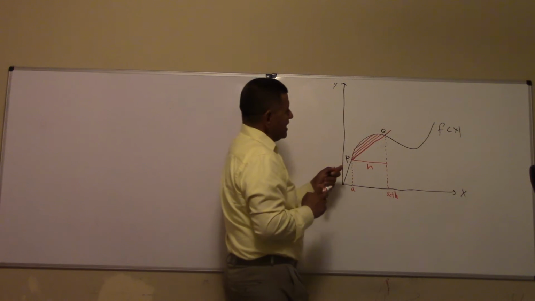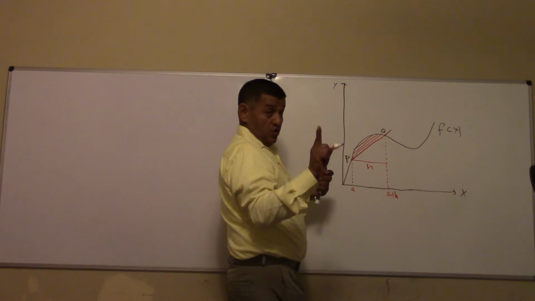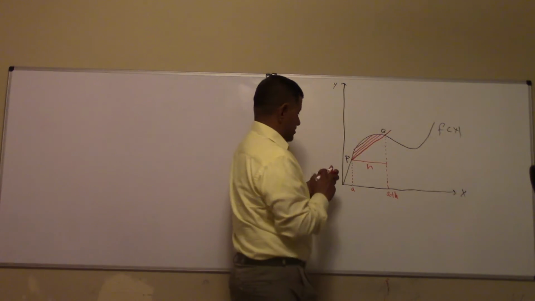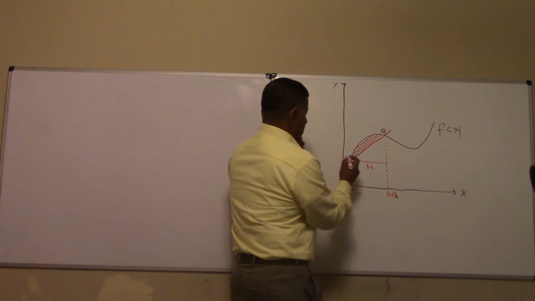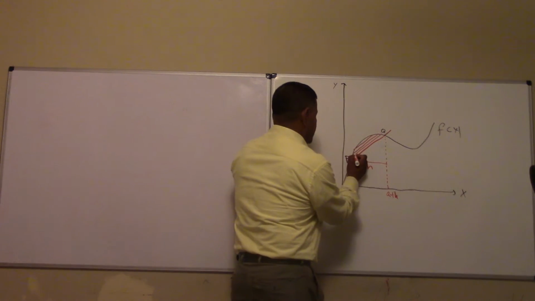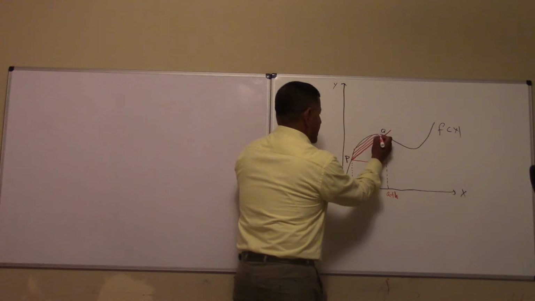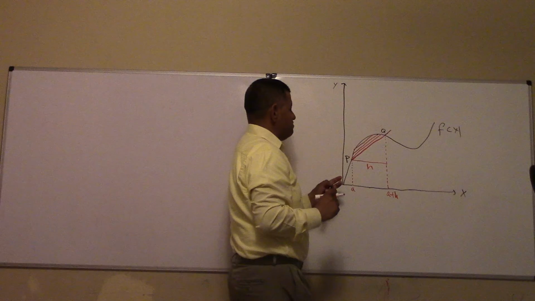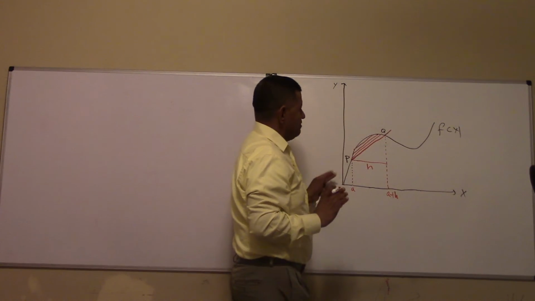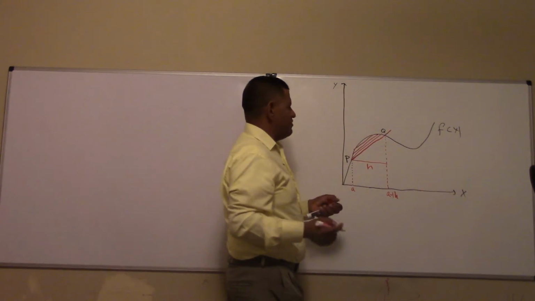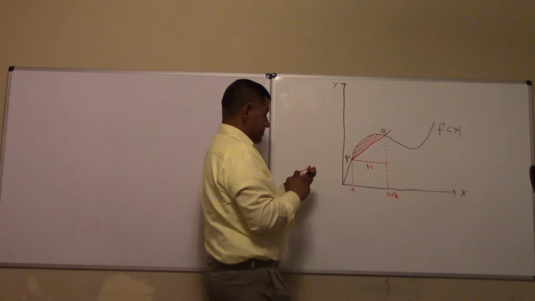The second line crosses the curve in two locations. This second line is crossing this point here, and this point here. That is the difference between the secant line and the tangent line.